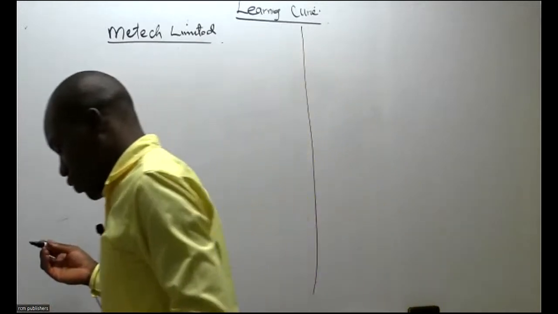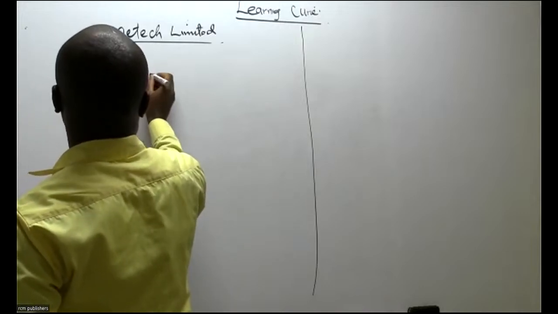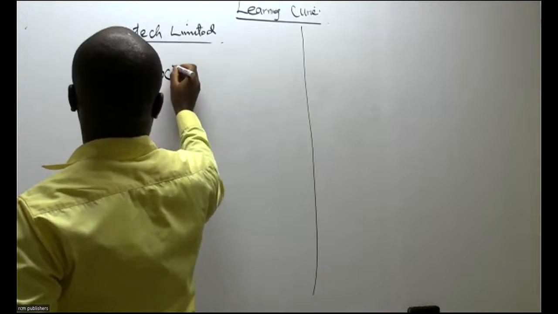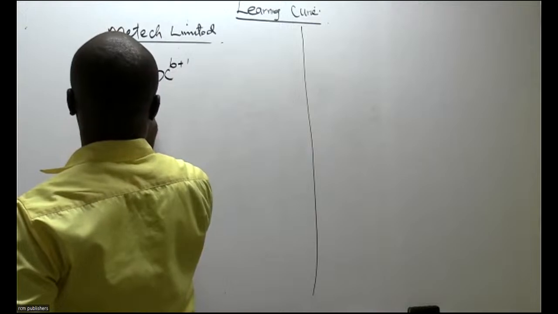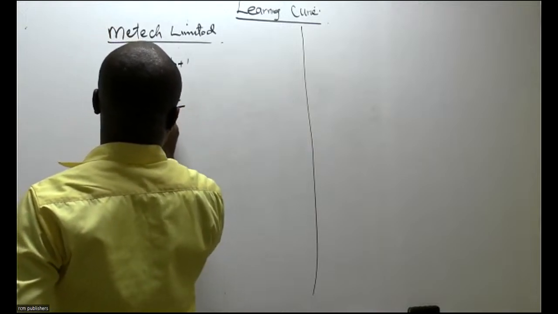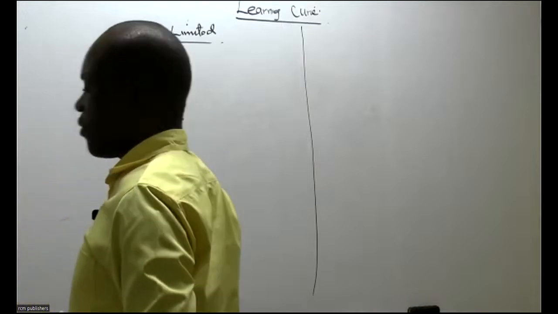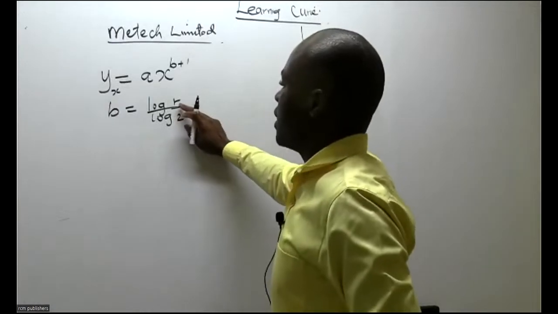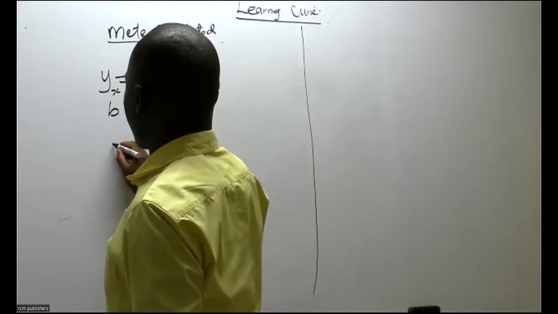Remember, our formula was y_x is equal to a x^(b+1). This b is equivalent to log r over log 2, and r is the learning effect. So have we been given the value of r in the question?